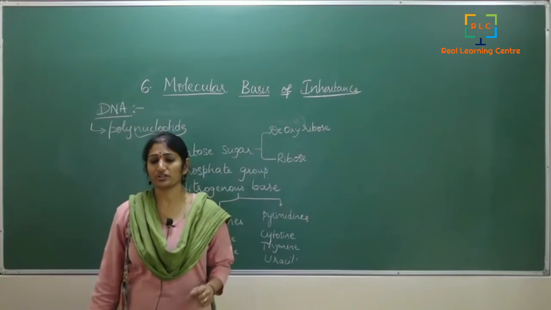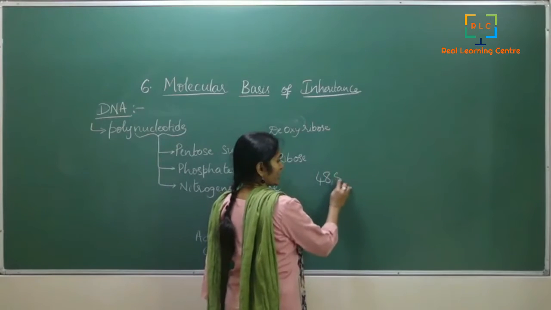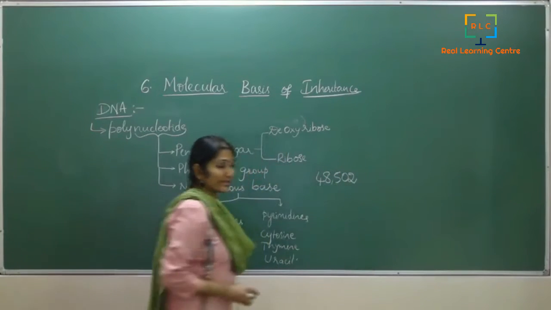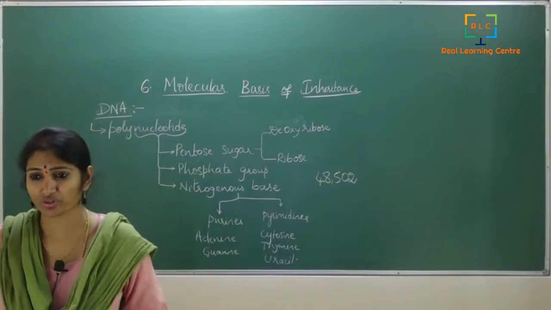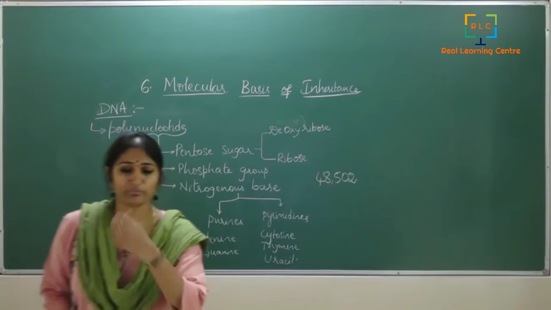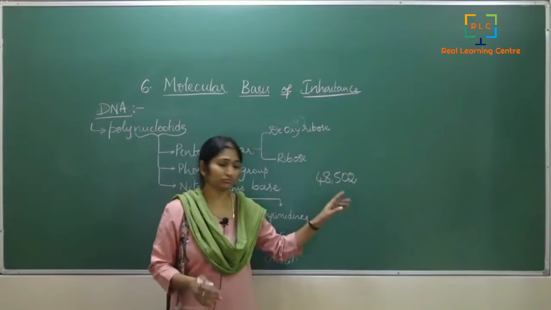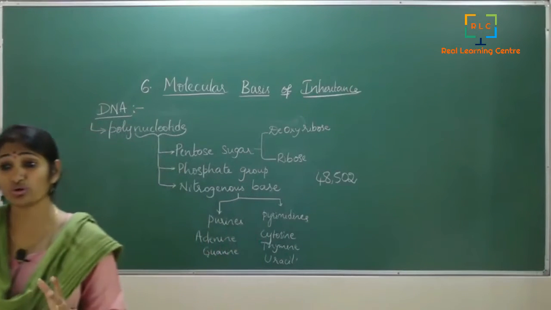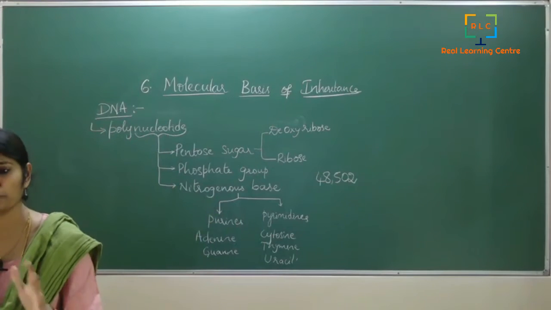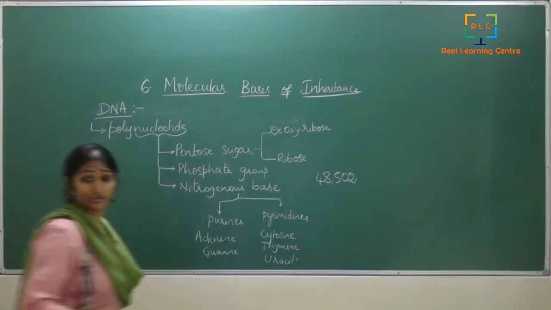Now that small virus, bacteriophage lambda, has a DNA which has 48502 bases present. Actually, bases is not the right term, but I will tell you in some time about one more thing there. So we have 48502 bases present in that polynucleotide chain of bacteriophage lambda.